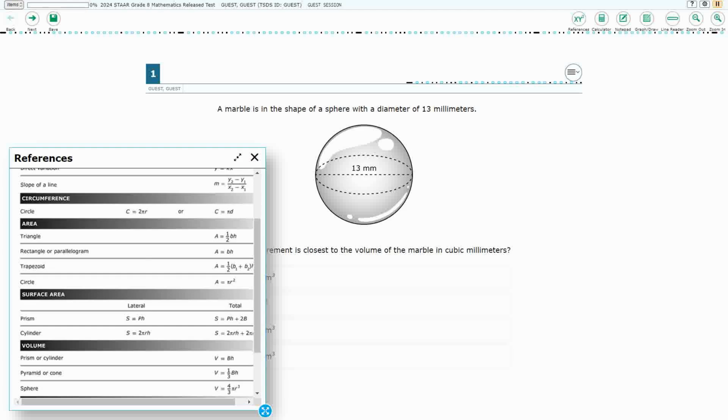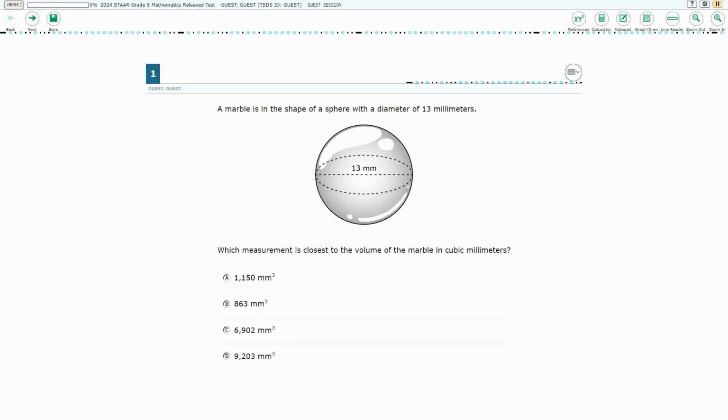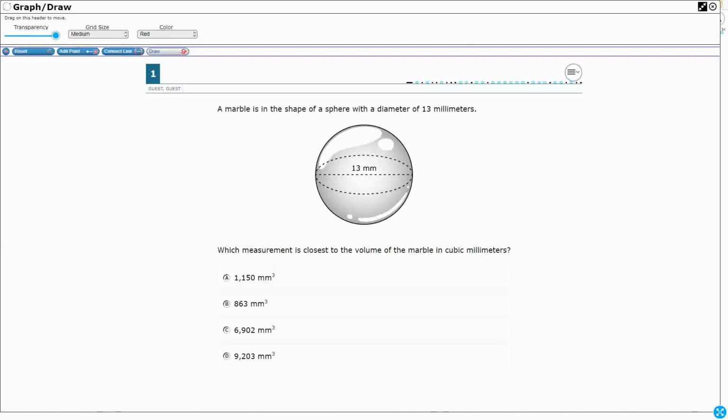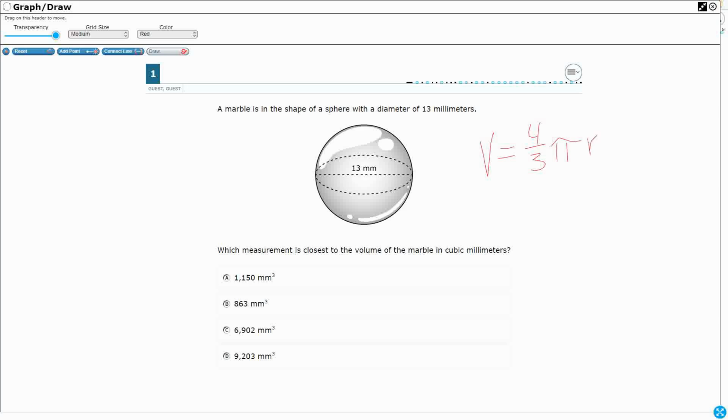V equals 4/3 pi r cubed. So let's write that down. That's what we need. V equals 4/3 pi r cubed.